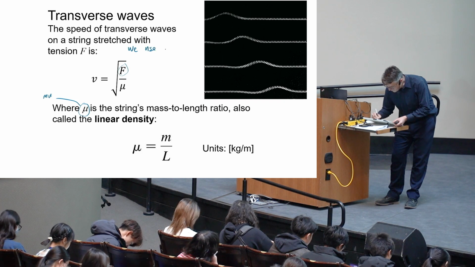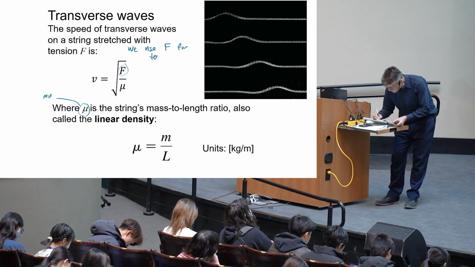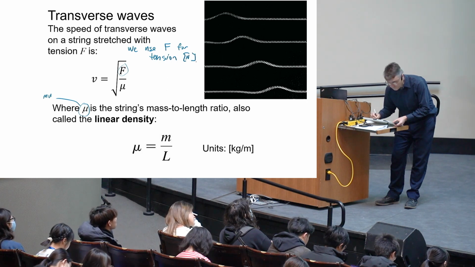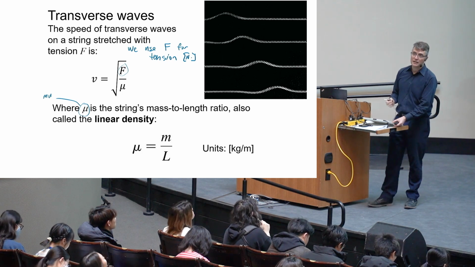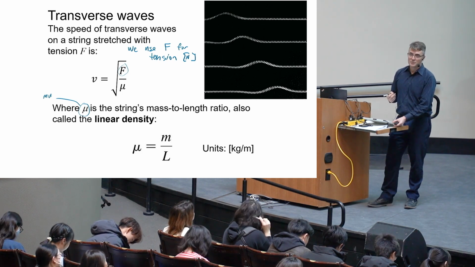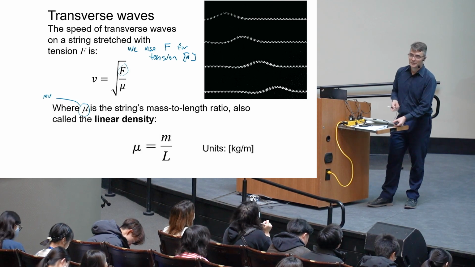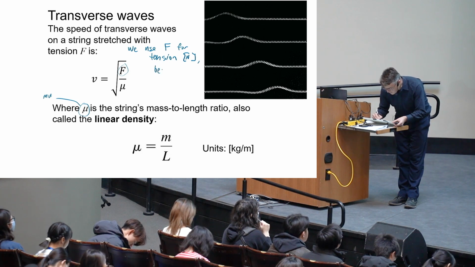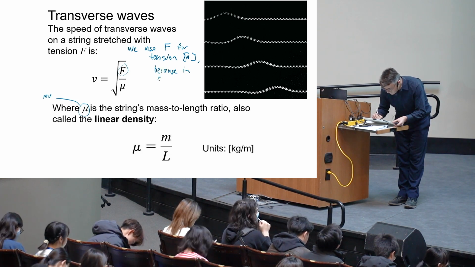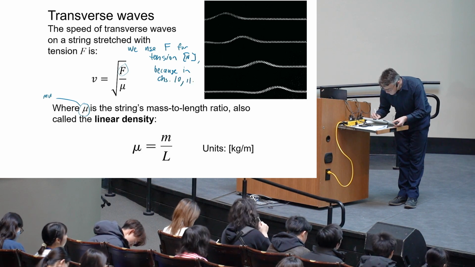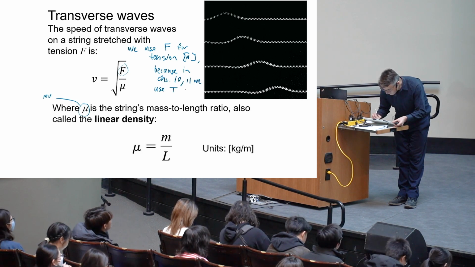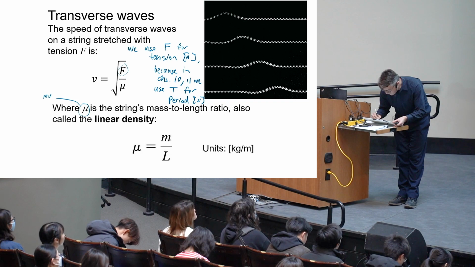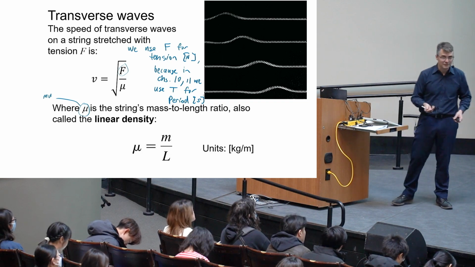We use F for tension because if we used capital T, it might confuse us with the period of the wave. In chapters 10 and 11, we use T for period in seconds. So to avoid confusion, or create new confusion, we're going to use F. And it's a force, right?